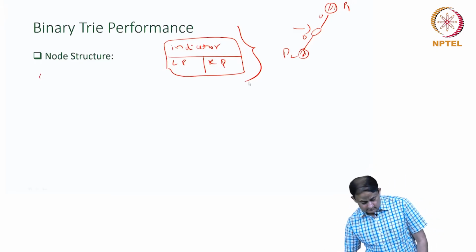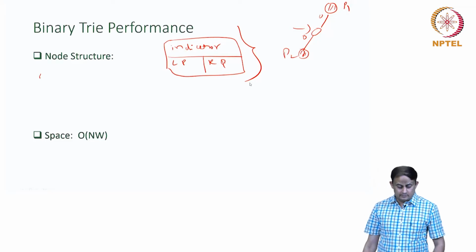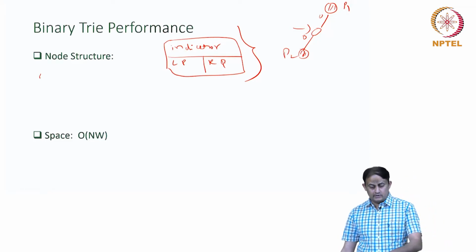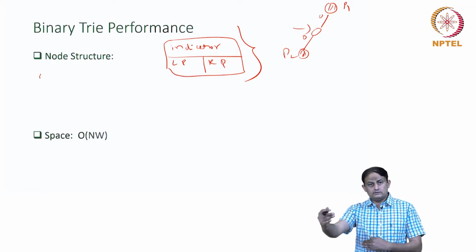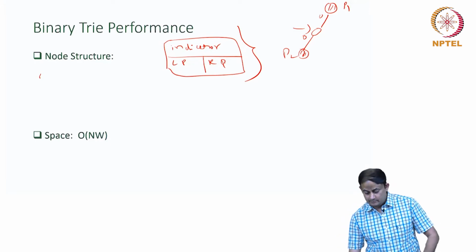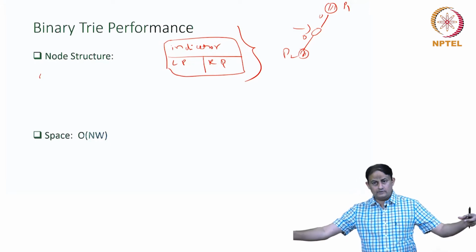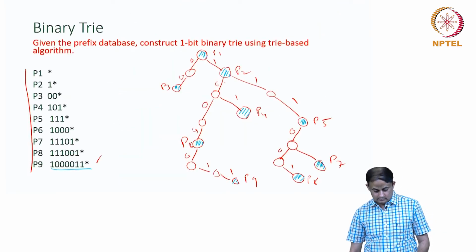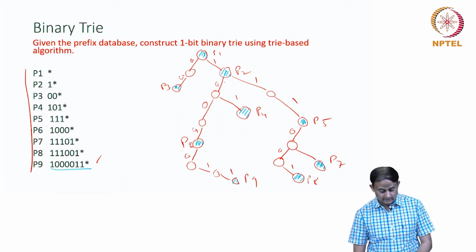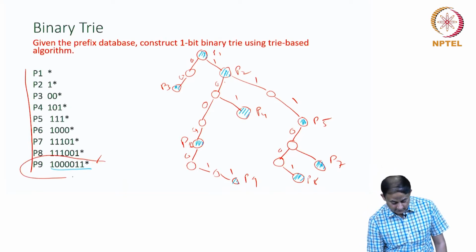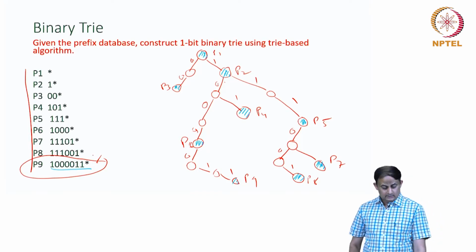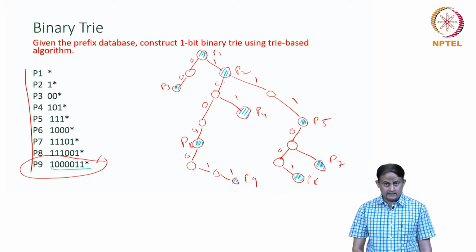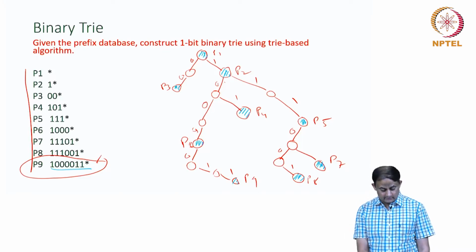And the space requirement is n times w, where w is the width. W is the width, meaning the length of the longest prefix. Remember the prefixes are ordered in this increasing format. So here P9 has the highest length, and n here is 9, times the width, here it is 7.